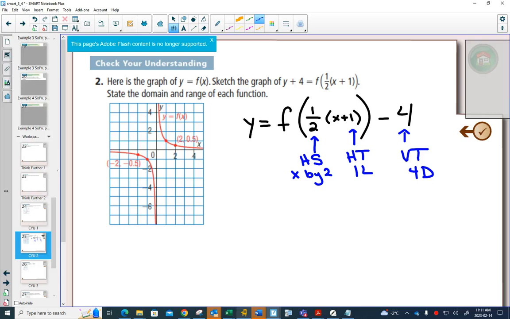I also hope that you recognize the graph that was given to us as one of our graphs from our blue page. This is the 1 over x graph. If you have your red pen, I would like you to draw in the asymptotes at y equals 0 and x equals 0 and label them.